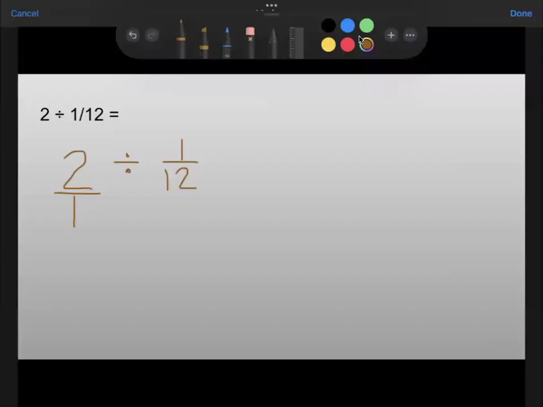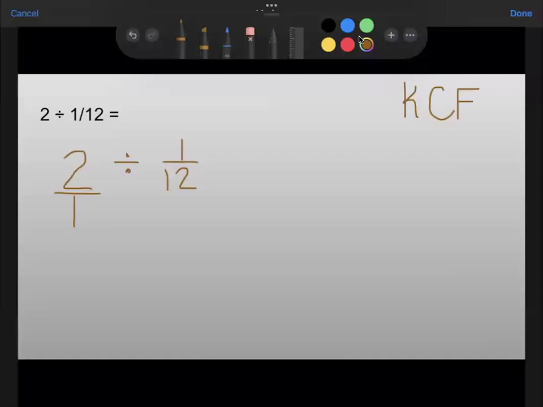The method we're going to use is kind of called keep, change, flip. I say kind of called that because that's one way to call it. There are other ways out there, but basically we are changing it to a multiplication problem by the reciprocal of the second fraction, which is a mouthful to say. So we shorten it to keep, change, flip.